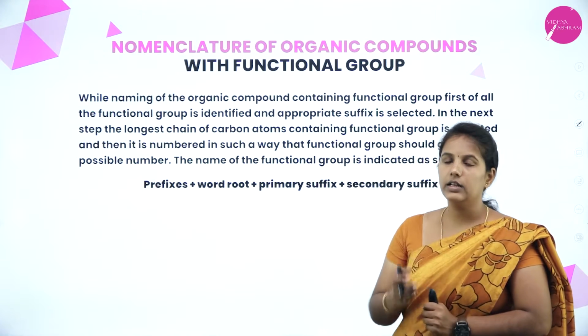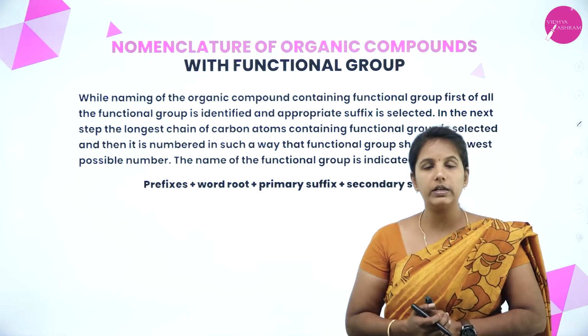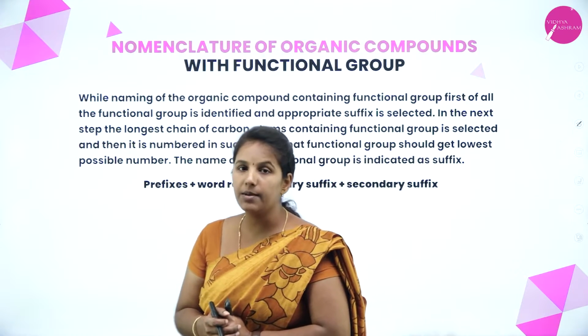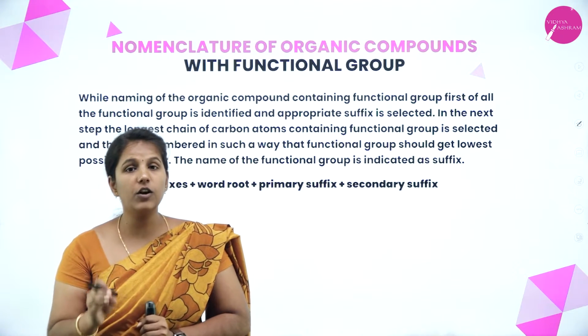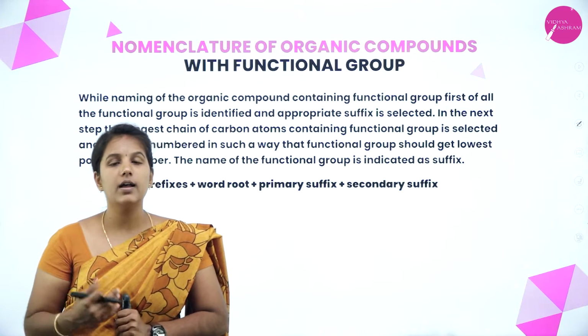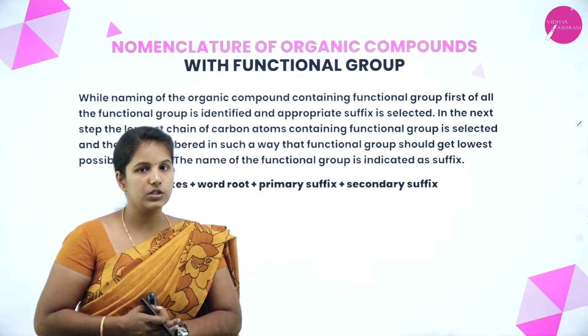If I say the nomenclature of organic compounds containing functional group, in such a situation we must be able to identify what is the functional group that has been given and how to use the suffixes for that. We must know that.